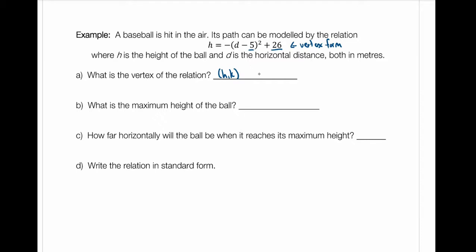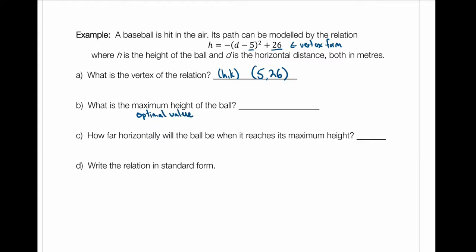So the opposite of negative 5 is positive 5, and then this k value we just take as is, or 26. So the vertex of this is 5 and 26. What is the maximum height of the ball? In other words, this is asking for our optimal value.